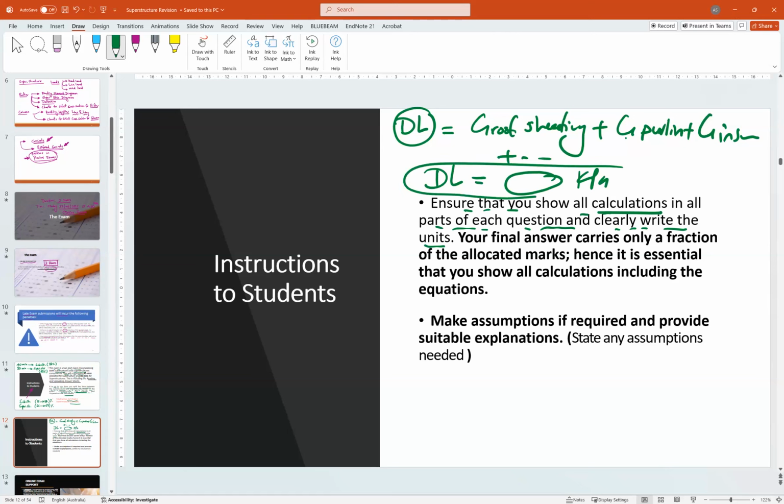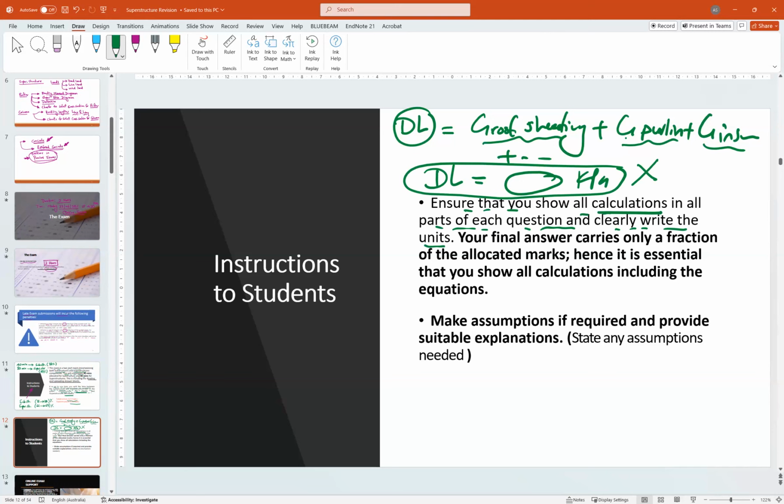If you just write down a final answer like this, no marks or very little mark will be given, because you didn't include the calculation details for all the sections of the loads.